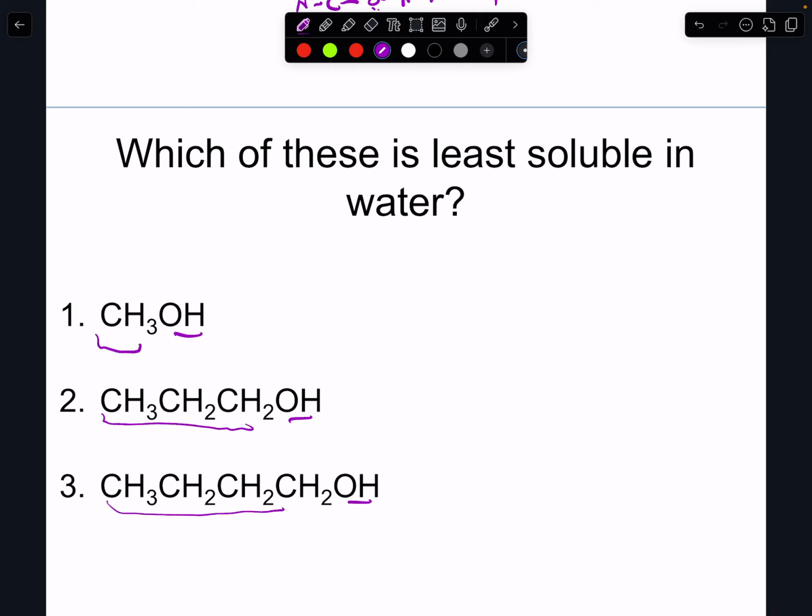And what happens is as you go from 1 to 2 to 3, the hydrophobic group gets larger. Larger hydrophobic group. And so this larger hydrophobic group leads to it being less soluble in water. So this will be least soluble in water. And the one with the smallest hydrophobic group will be most soluble in water.